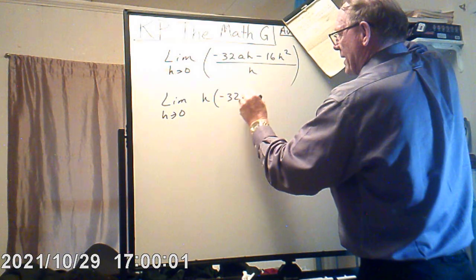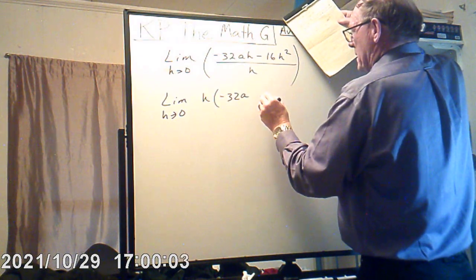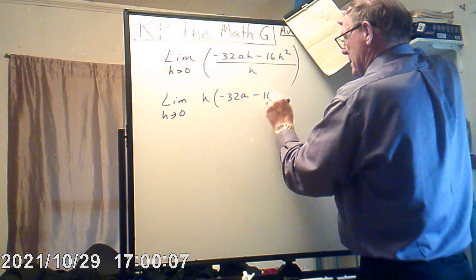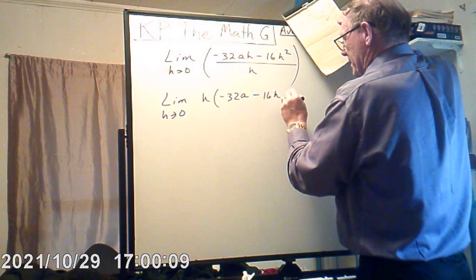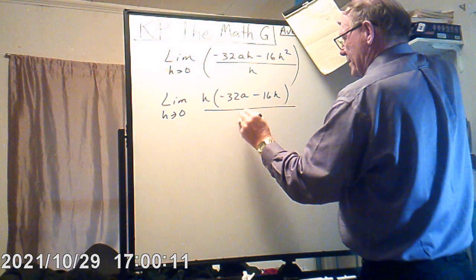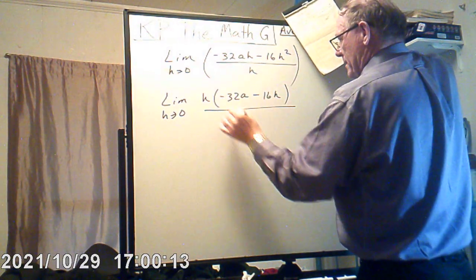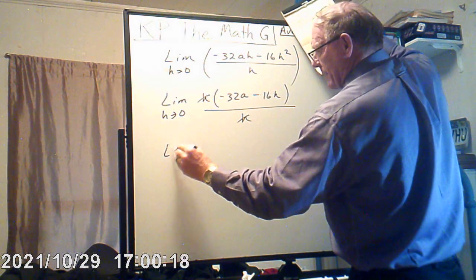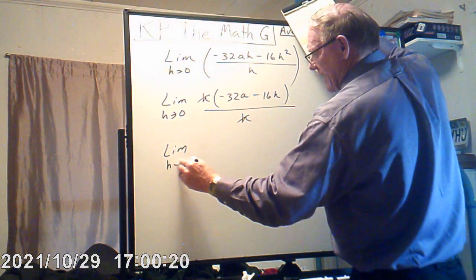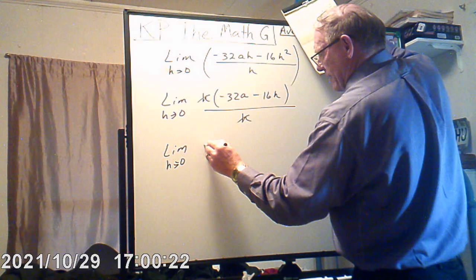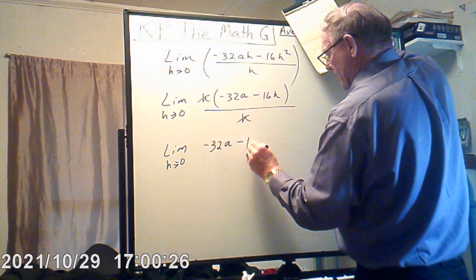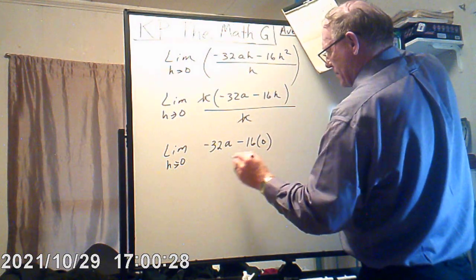So the limit as h approaches 0 of negative 32a minus 16h, over h. Now as h approaches 0, we can simply plug that in: negative 32a minus 16 times 0.